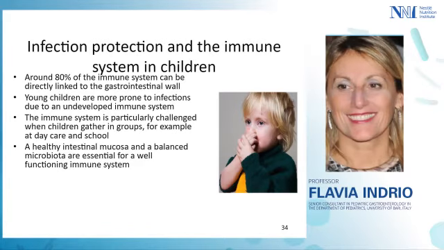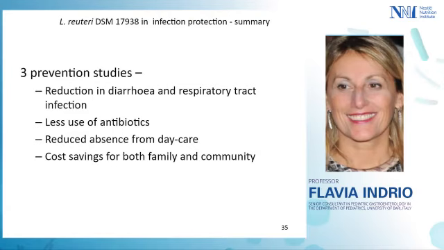So what is the role of a specific probiotic in modulating and protecting children during infection? There have been three double-blind randomized controlled studies with this strain, Lactobacillus reuteri DSM 17938, that have shown a reduction in diarrhea and respiratory tract infection, less use of antibiotics, and reduced absence from daycare, and of course a lot of cost saving for both family and community.